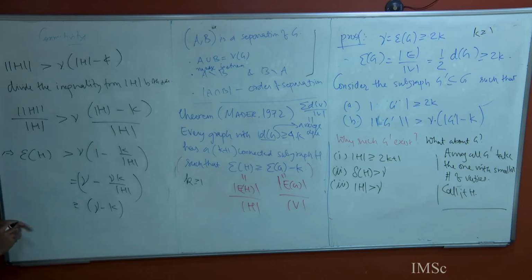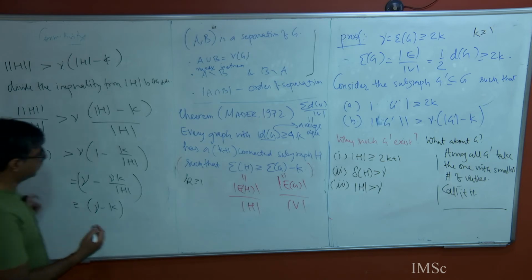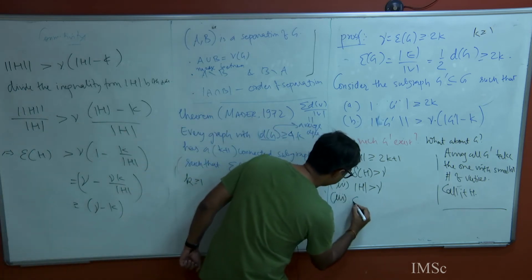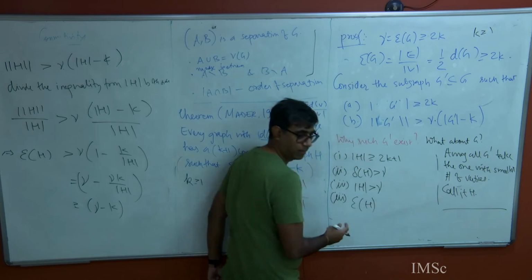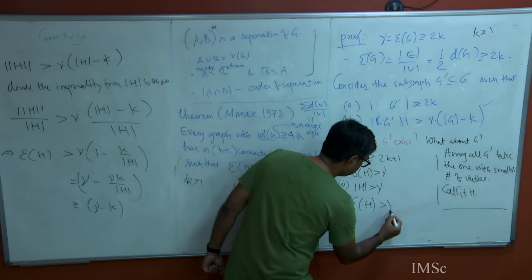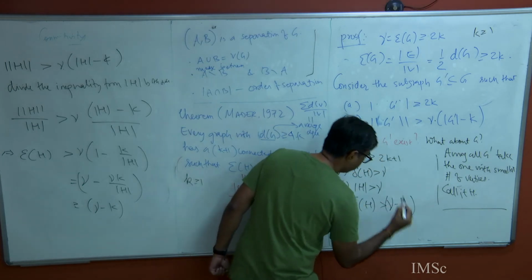Okay, fine. So we know that every vertex is this. Now I want to prove that H satisfies. So I have made sure. So third thing what we proved here is that average degree, not average degree, vertex per degree is greater than or equal to gamma minus k.